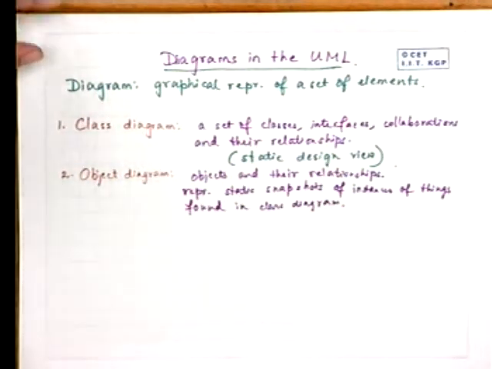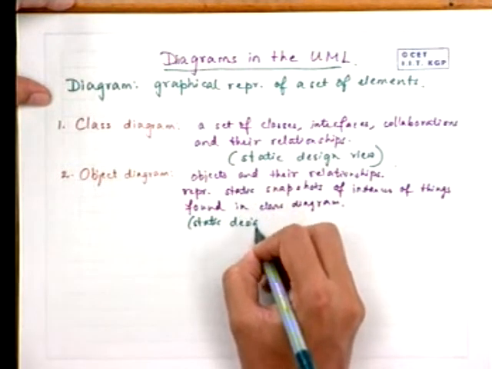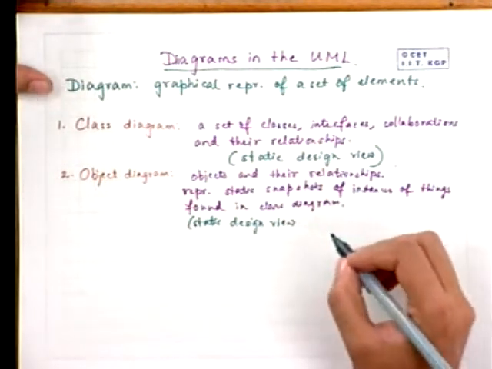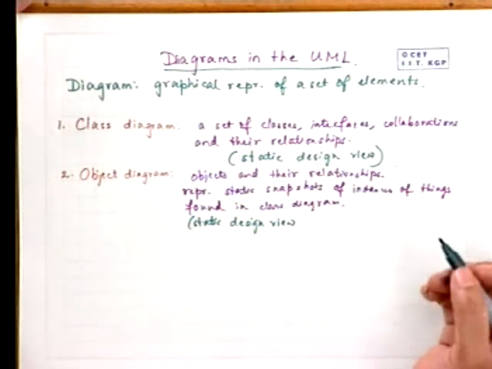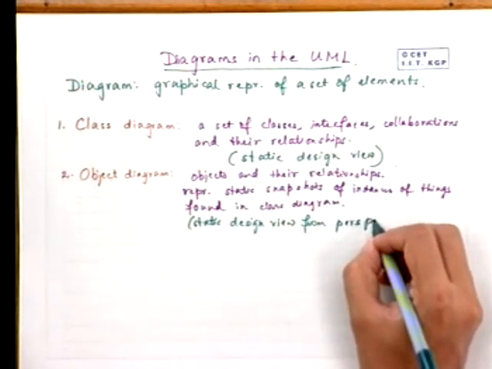So object diagrams show the static design view from the perspective of prototypical or real objects.